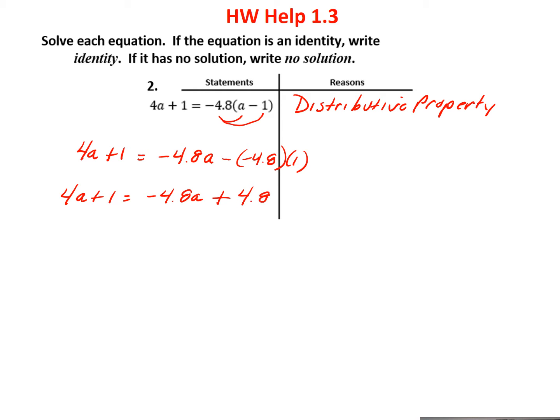4.8. Okay? Now, we have a variable on both sides, so we want to get rid of that. We could either subtract 4a from both sides, or we could add 4.8a to both sides. And since I wanted to keep this positive, I'm going to get rid of this one here by adding 4.8a to this side. And whatever I do to one side, I have to add to the other as well.